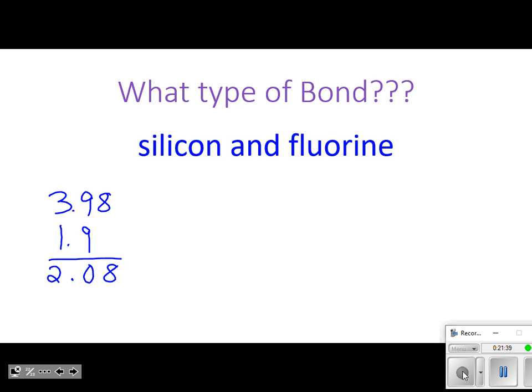So 2.0 is 63% ionic, 2.1 is 67. So I'm somewhere in the 60s of ionic, right? So then I say, okay, I'm going to classify that one as an ionic bond because it is closer to that 2.1 than it is to the 1.6.